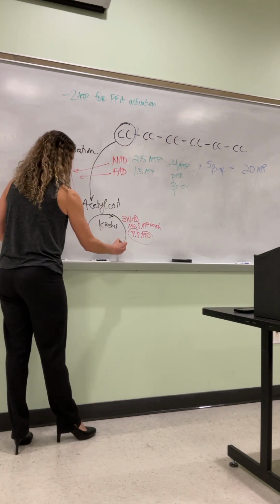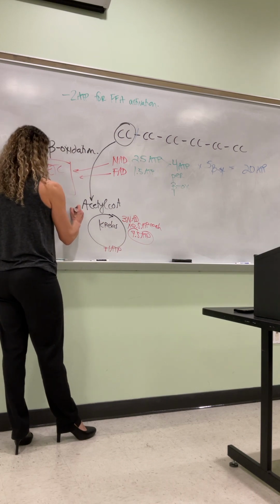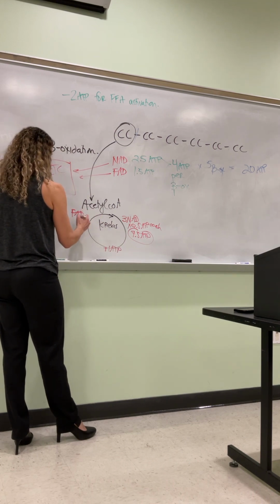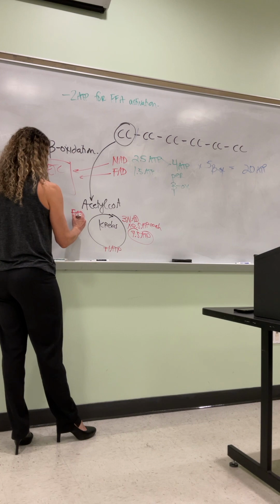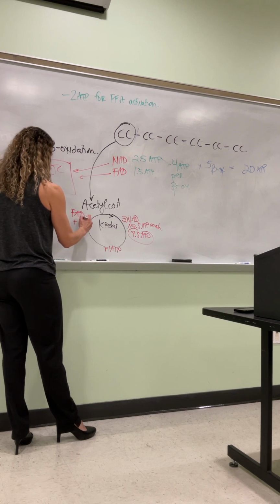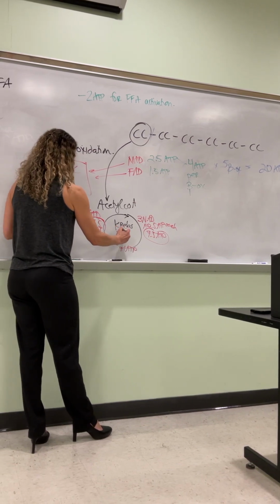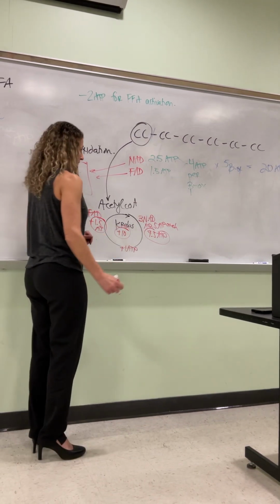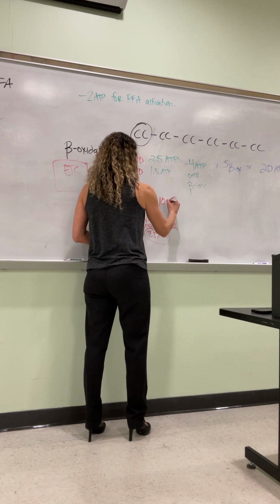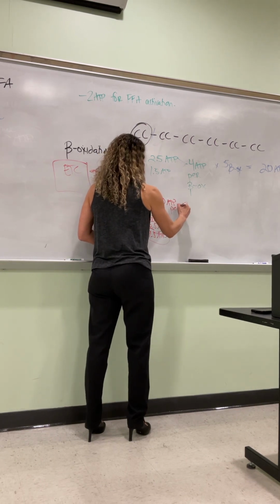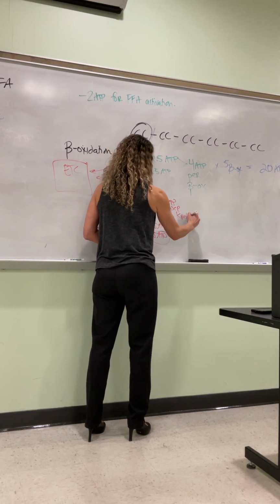What's happening up here? FADH, 1 FADH. How many ATP? 1.5. For how many total ATP? 10 per Krebs cycle. 10 ATP per Krebs cycle.